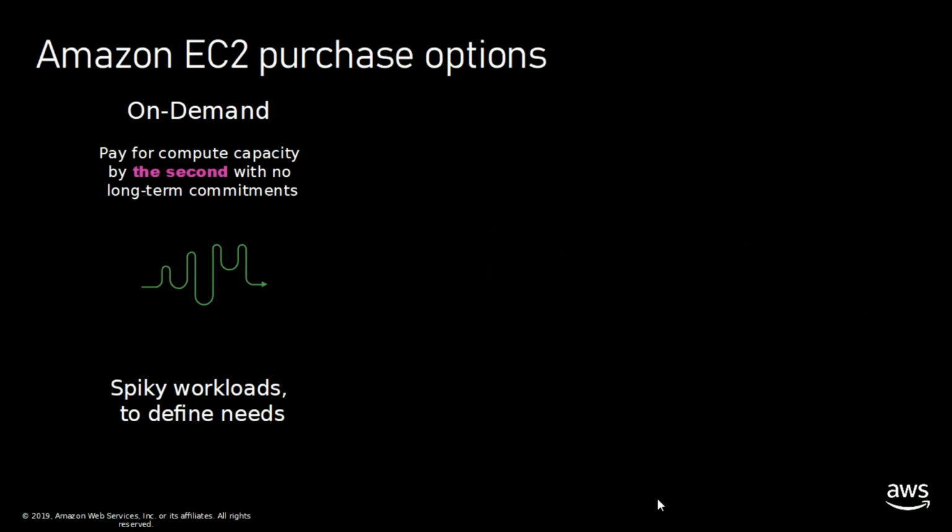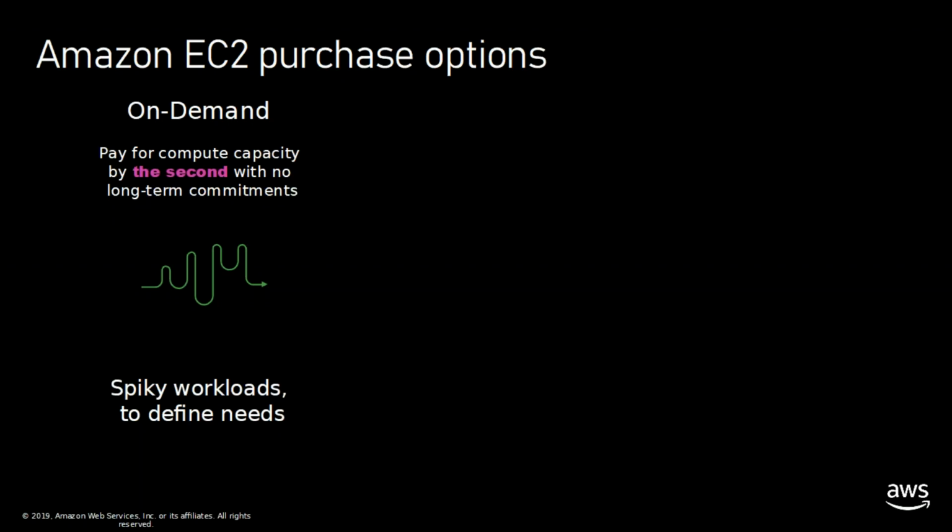So, what are the purchase options of Amazon EC2? We have on demand. There's no long-term commitment, and this is primarily used for spiky workloads or to define needs. For example, if you will be running a cloud workload for 1 month, you can use this one.